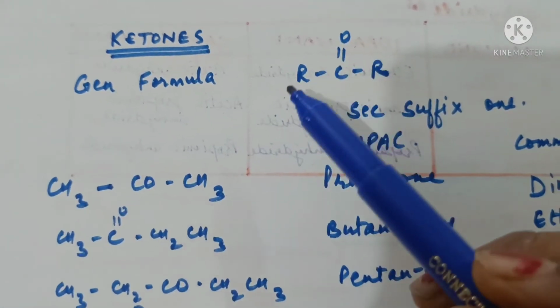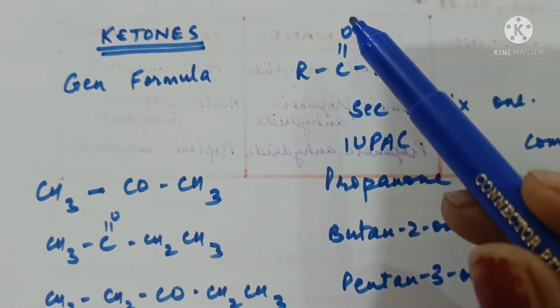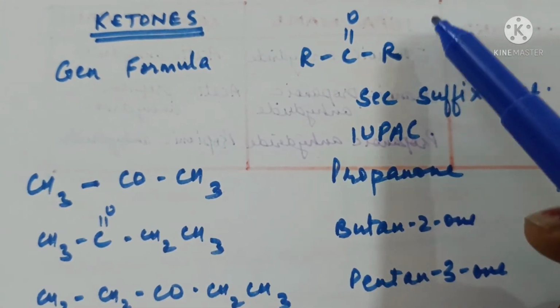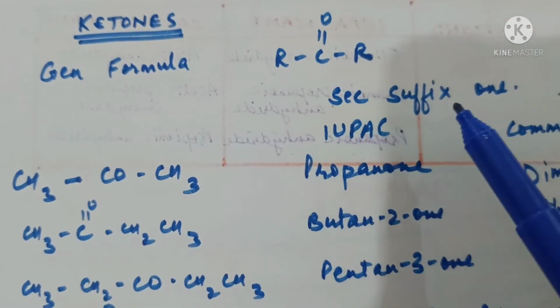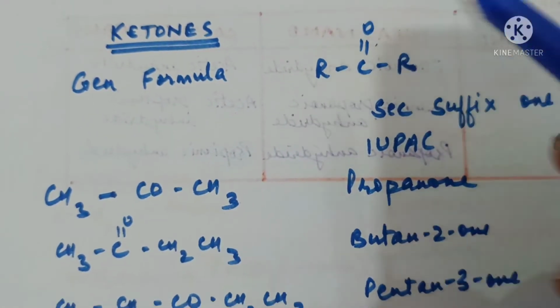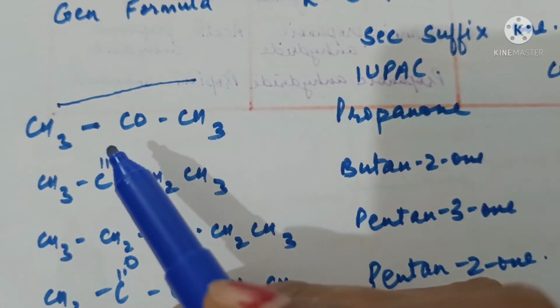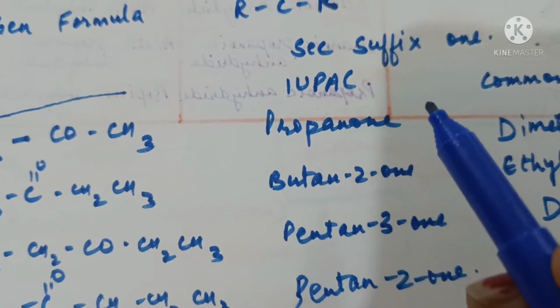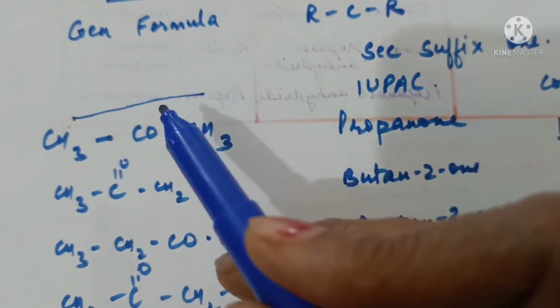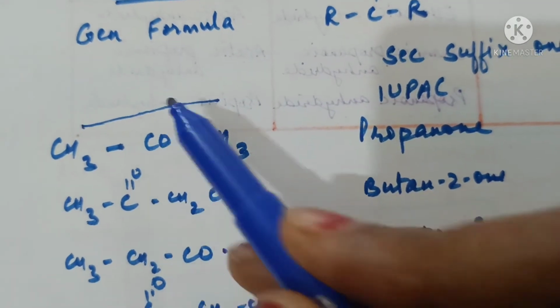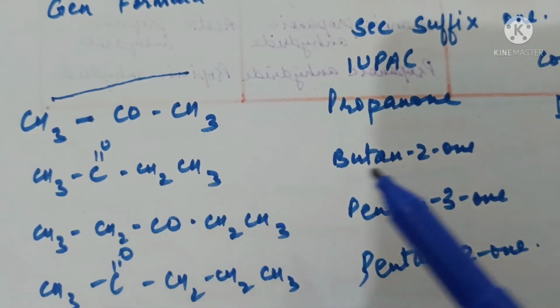Ketones, the general formula is RC=OR'. The secondary suffix used for this C=O group is -one. 3 carbon atoms, so the name will be propan-one, with -one for C=O group. This will be called butan-2-one.